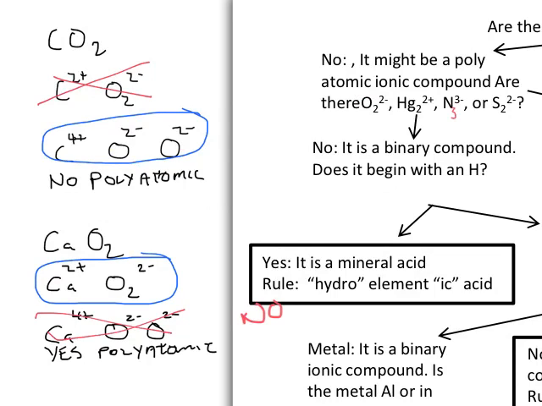So this is probably one of the trickiest questions here in this flowchart, and you have to be aware of what the charge of the polyatomic ions are, as well as what the common charge for oxygen, nitrogen, or sulfur. Dimercury doesn't really apply because it's a cation.